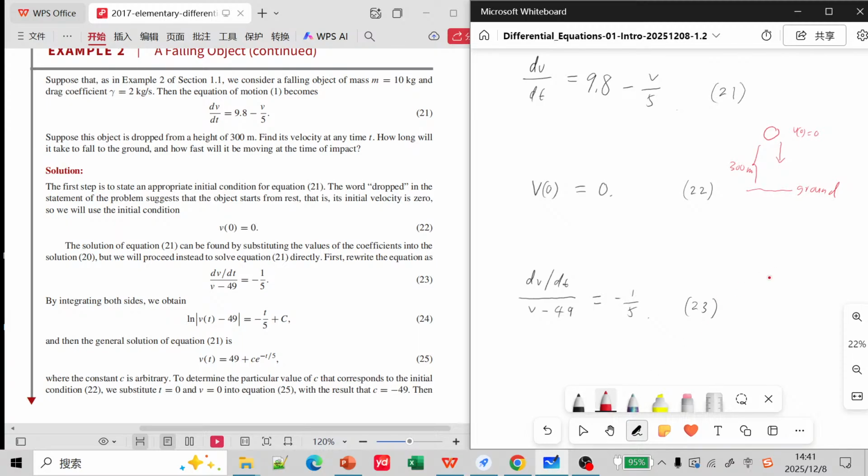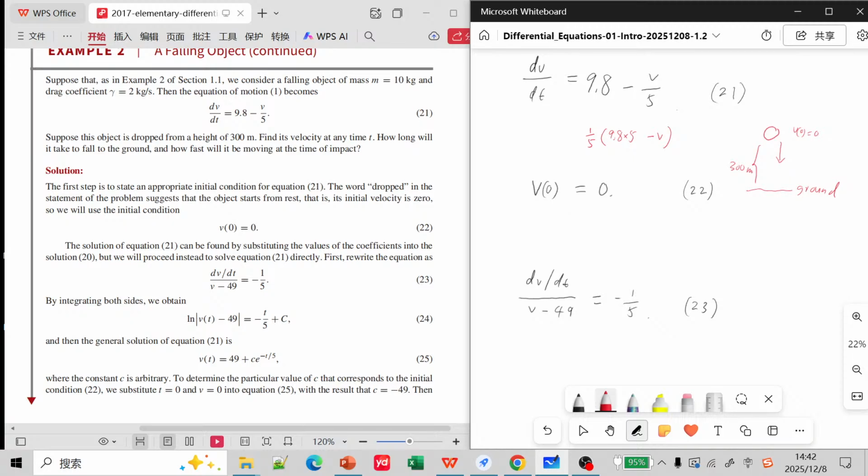Maybe we can firstly factor this coefficient. If we factor 1 over 5, here will be minus v, right? And then we factor 1 over 5. So what number is here? The original number is 9.8, and if we multiply by 5, when we expand this bracket, this term will become 9.8.